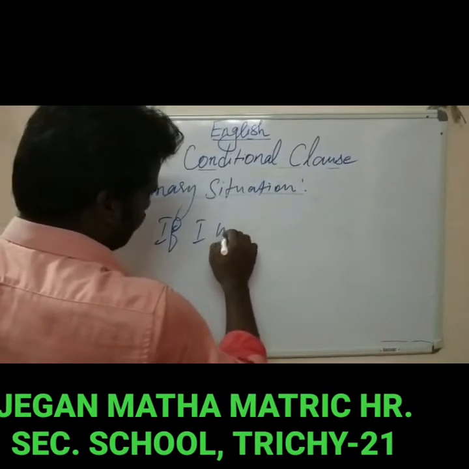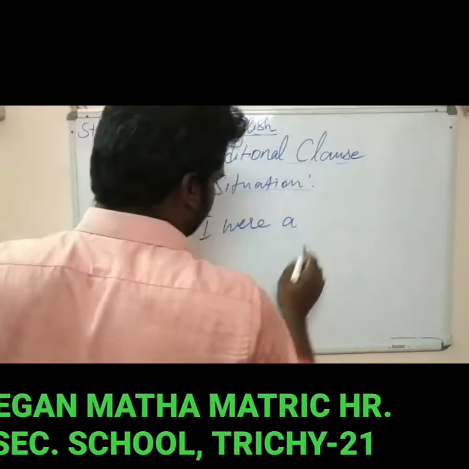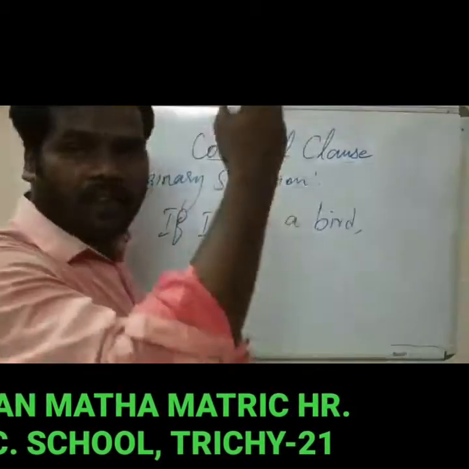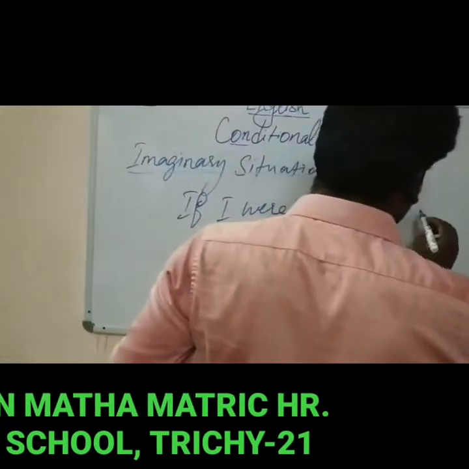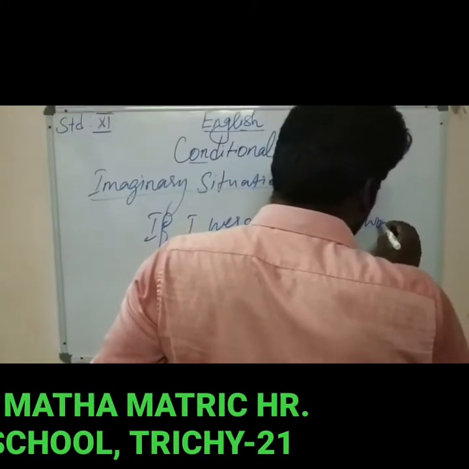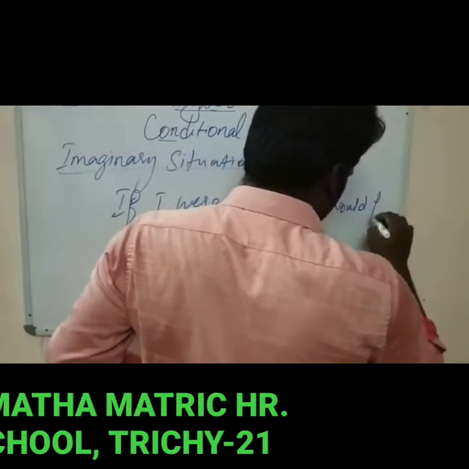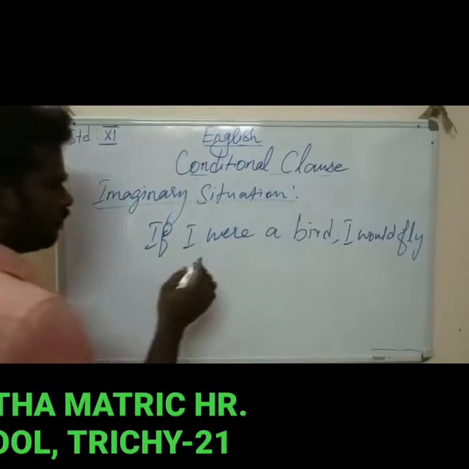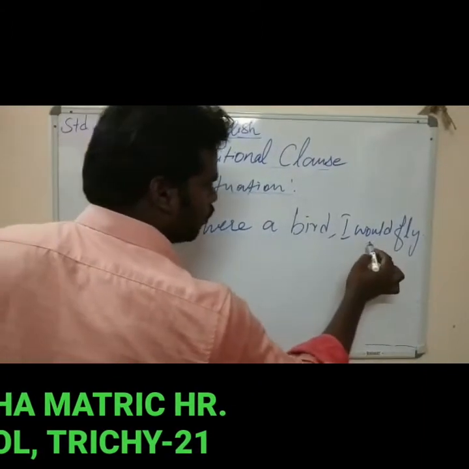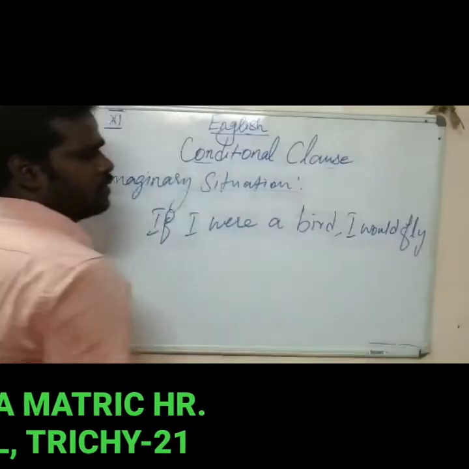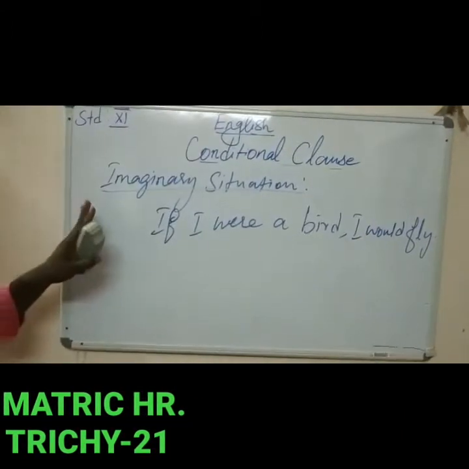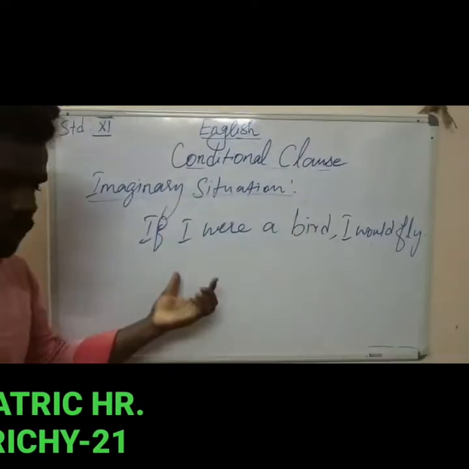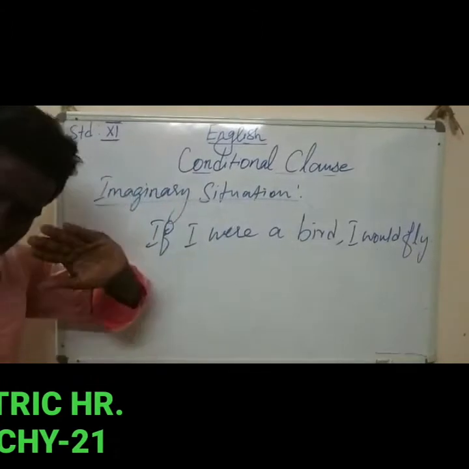If I were a bird, I would fly. Clear? Would plus V1. So improbable is one type and imaginary situation is also one type, but that is the second type only.